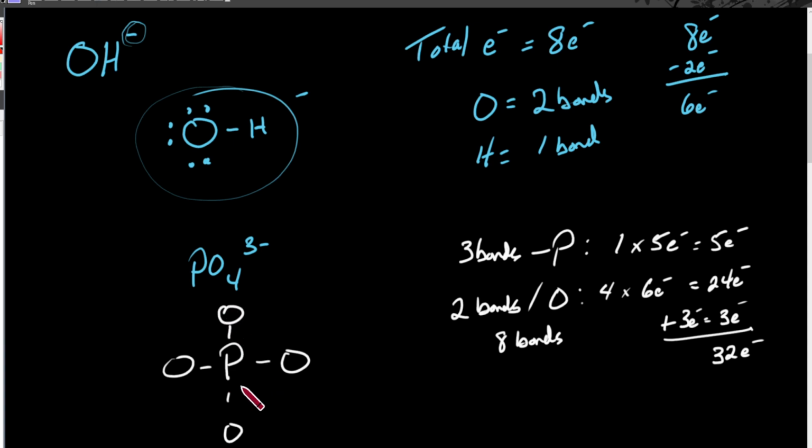Phosphorus kind of looks overloaded, doesn't it? But if it doesn't bond anymore, if it doesn't have any extra electrons, it's okay, right? Phosphorus has its 8. That's 4 bonds times 2 electrons, so we subtract 8 electrons from that, and we get 24.